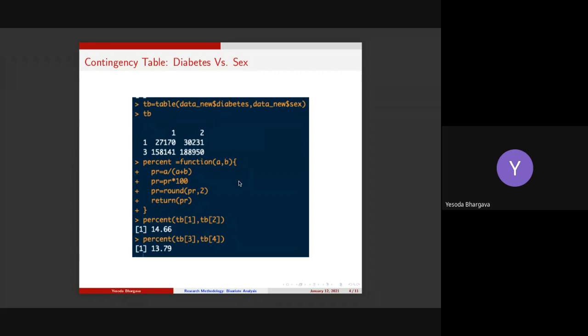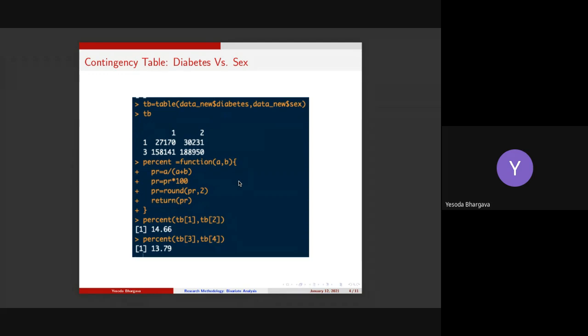So this is how two categorical variables are analyzed. You must always remember one thing: even though we are able to see that males do have a slightly higher prevalence of diabetes, these tests are not statistically proven that males do have it, only in this data.